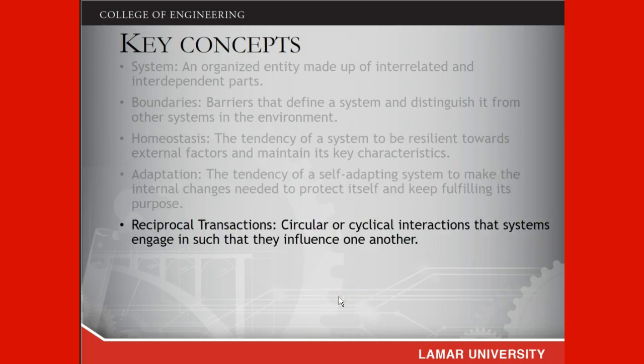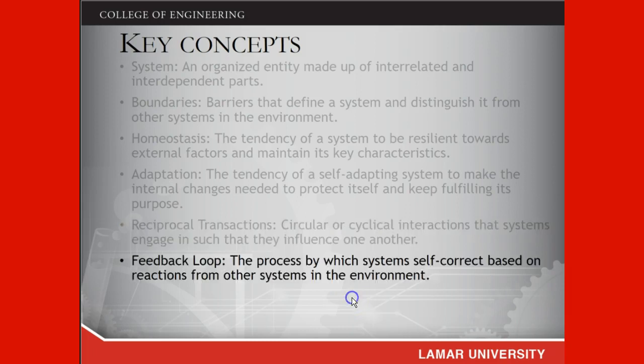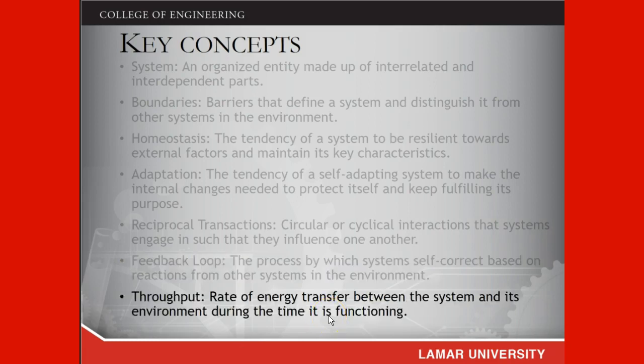Reciprocal transactions, circular or cyclical interactions that systems engage in such that they influence one another. Feedback loop, the process by which systems self-correct based on reactions from other systems in the environment. Throughput, rate of energy transfer between the system and its environment during the time it is functioning.